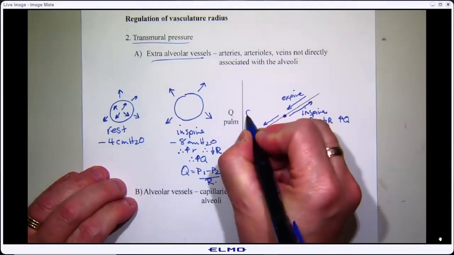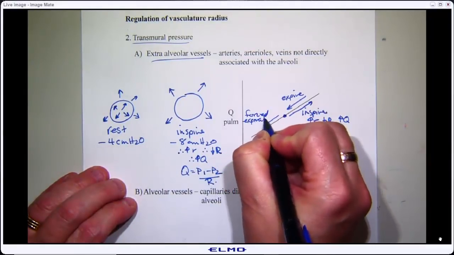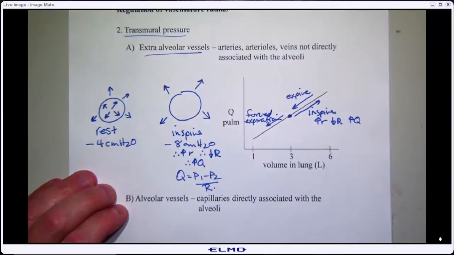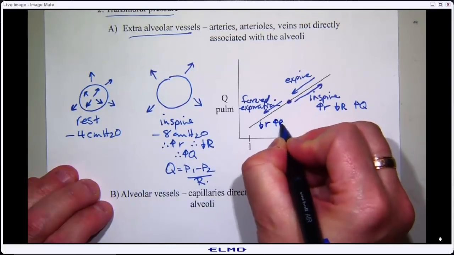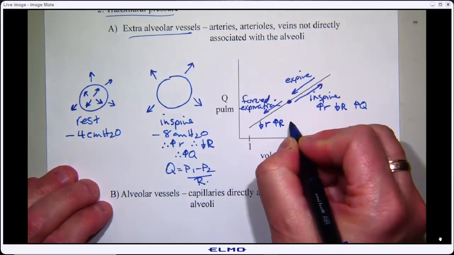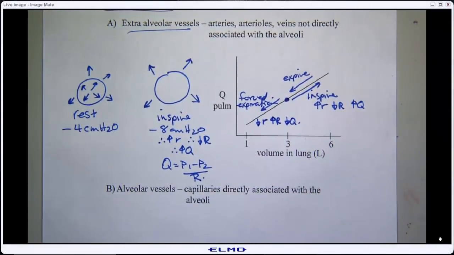So we can have a forced expiration situation where we're going to drop radius, increase resistance, decrease flow. Okay, so that's the world that all of your extra-alveolar blood vessels live in: 12 times a minute at rest, increasing, decreasing flow, based on a transmural pressure difference.